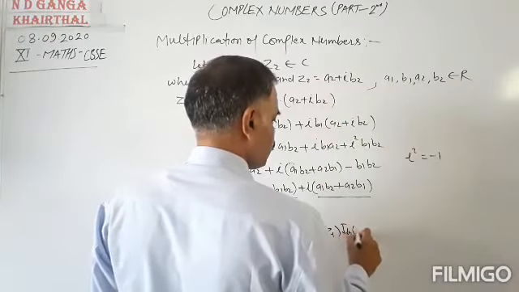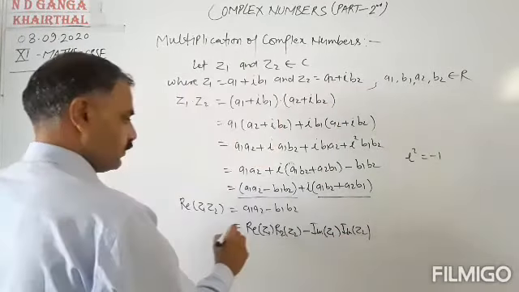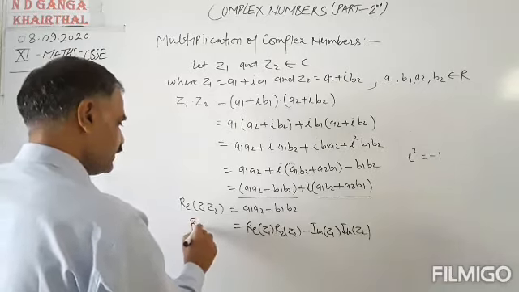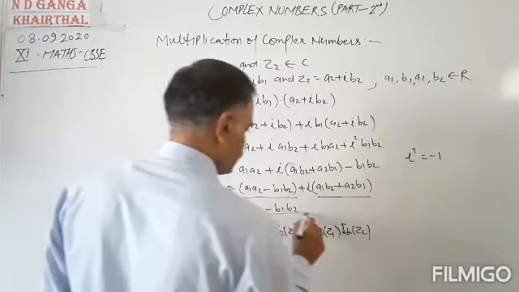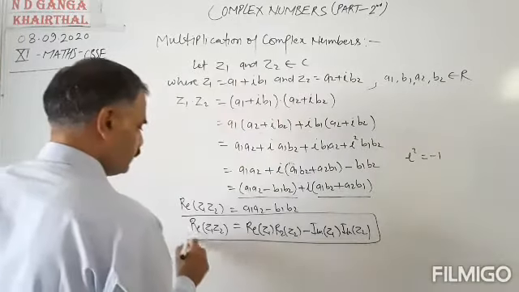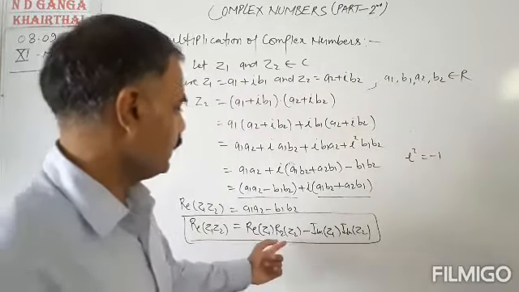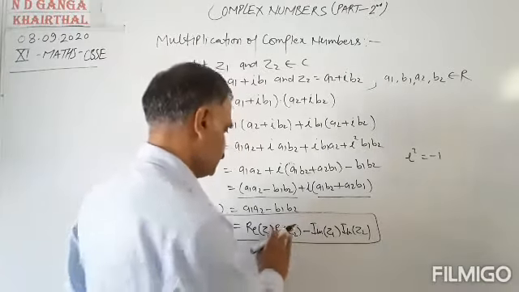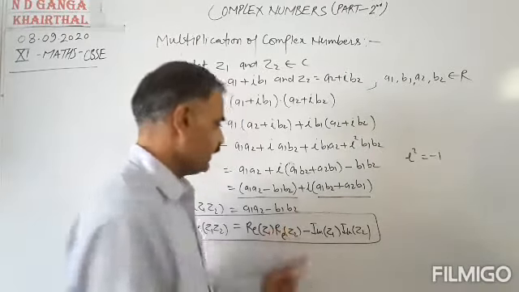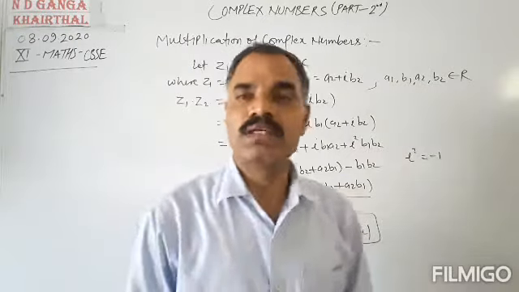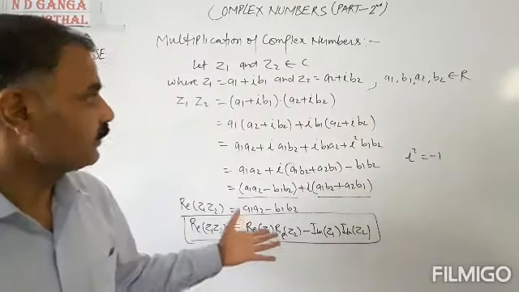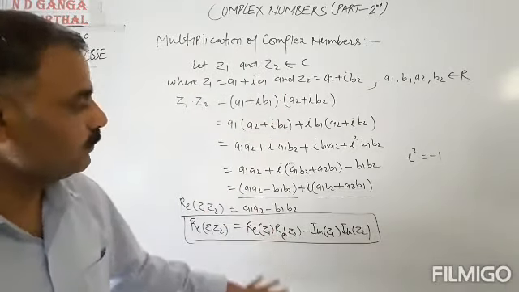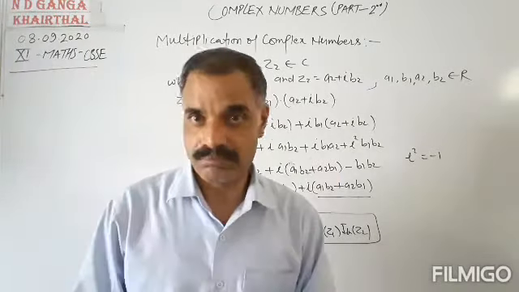So the real part of Z1 into Z2 is equal to the real part of Z1 times the real part of Z2, minus the imaginary part of Z1 times the imaginary part of Z2. Okay, so this is the first result of multiplication of two complex numbers.